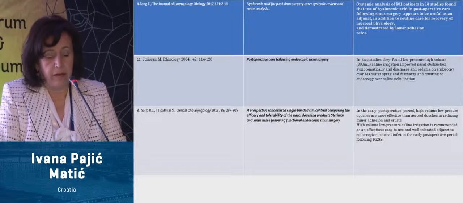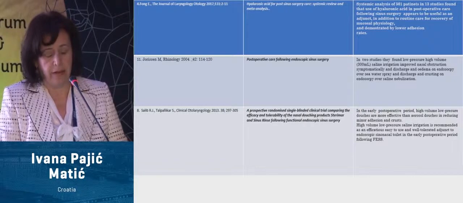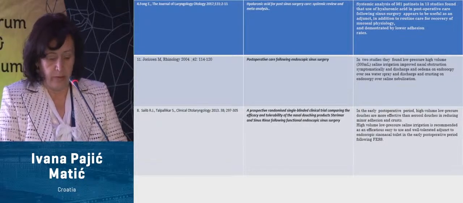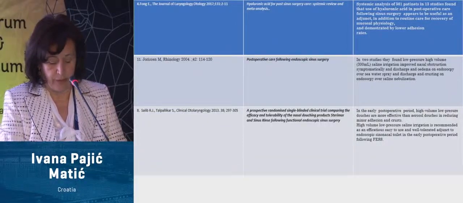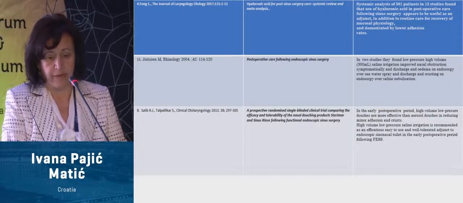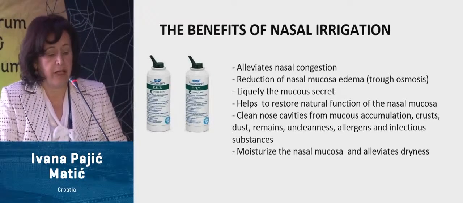In the end, some authors wrote that nasal douching should be done with high volume, low pressure, and it's good for irrigation of the nasal mucosa after endoscopic surgery. What are the benefits of nasal irrigation?